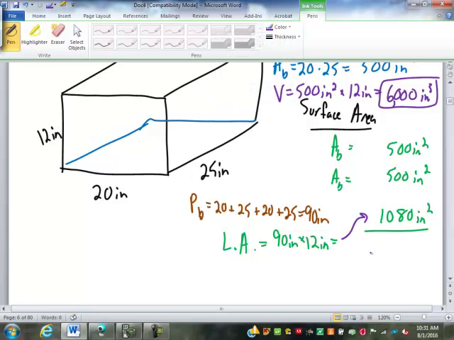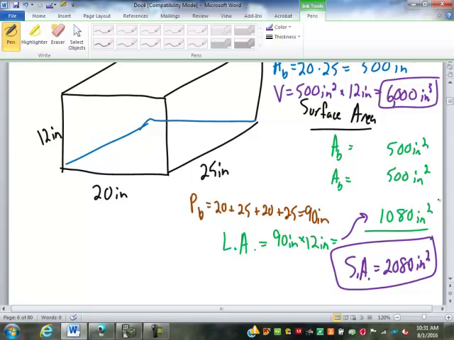We add that all up to get a total surface area of 2,080 square inches. How many of you had that? A few. Do you have any questions so far? Is that it?